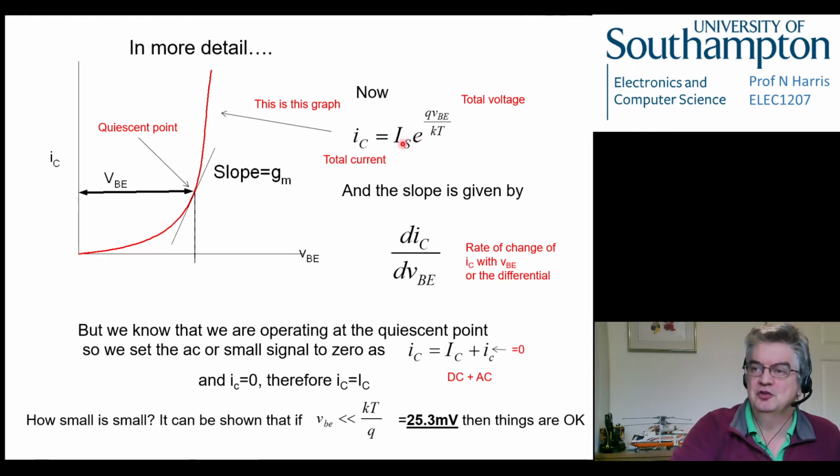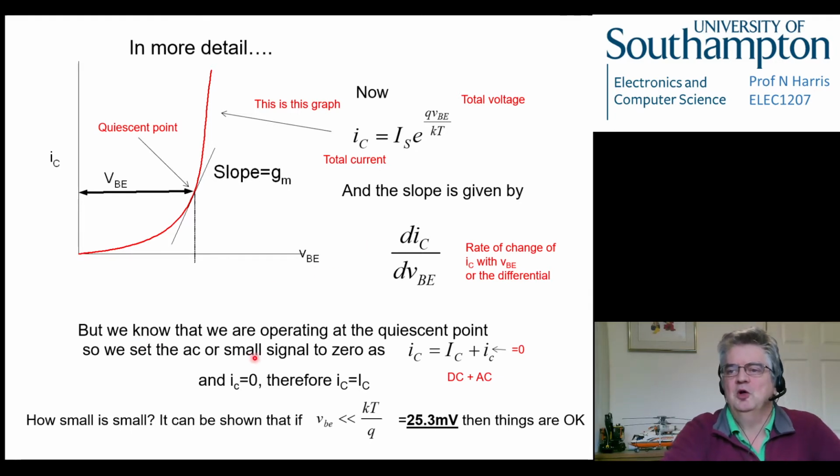It's the diode equation, which is IS, which is some saturation current, leakage current in the backwards direction, multiplied by an exponential, which is related to VBE. And the slope of that is just that differentiated. So dIC over dVBE is equal to the rate of change of this curve over here.